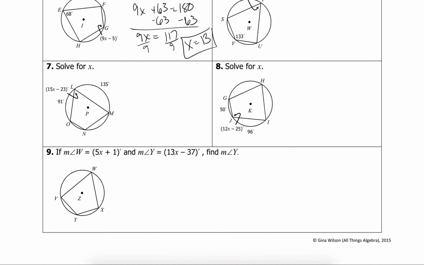All right. On number 7, we're going to use these arcs here. So I know that L and N are opposite. Okay, but I don't know N. And L has this expression. So what I'm going to do is figure out what this arc is, this 91 plus 135.